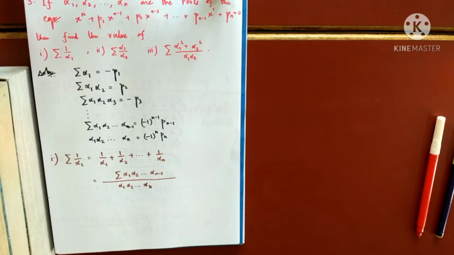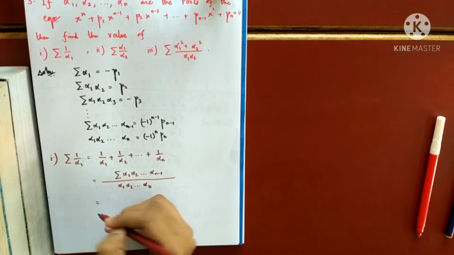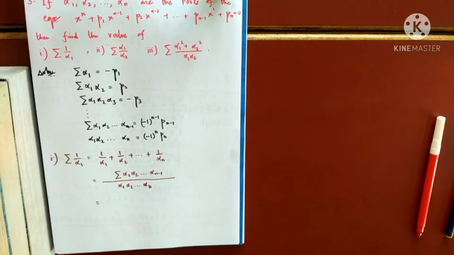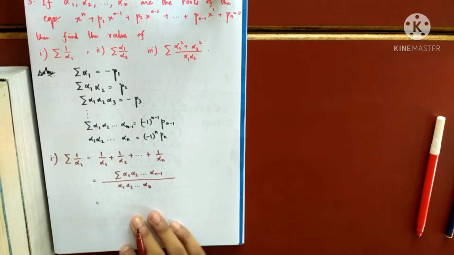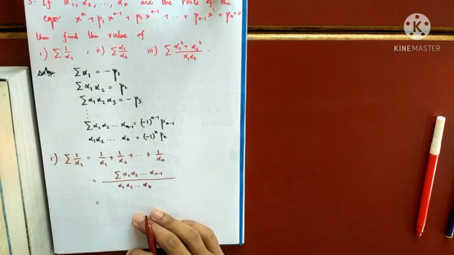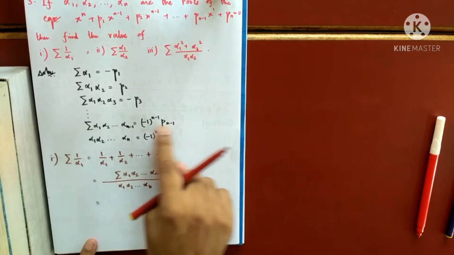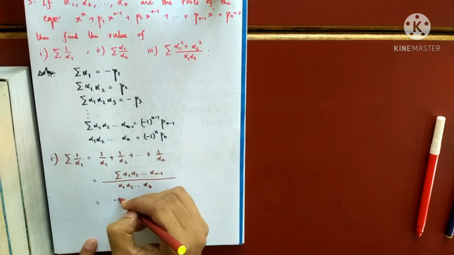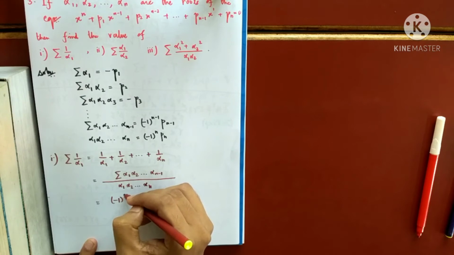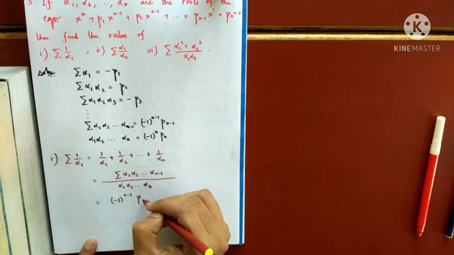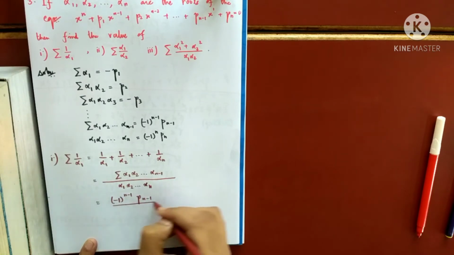Now you see here, I already know the value of the thing present in the numerator. It is minus 1 to the power n minus 1 p n minus 1, and what is the denominator?